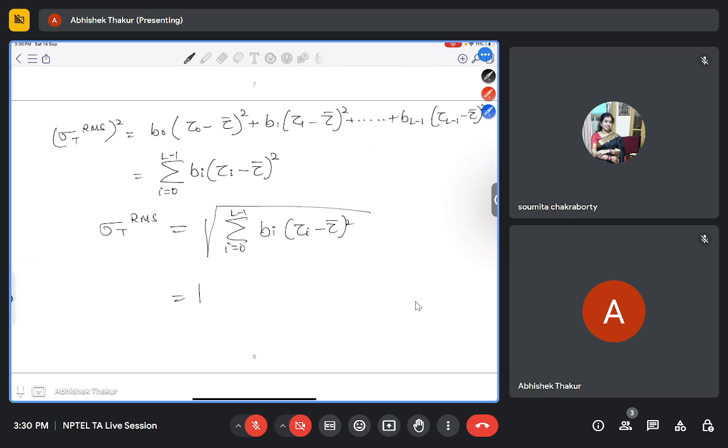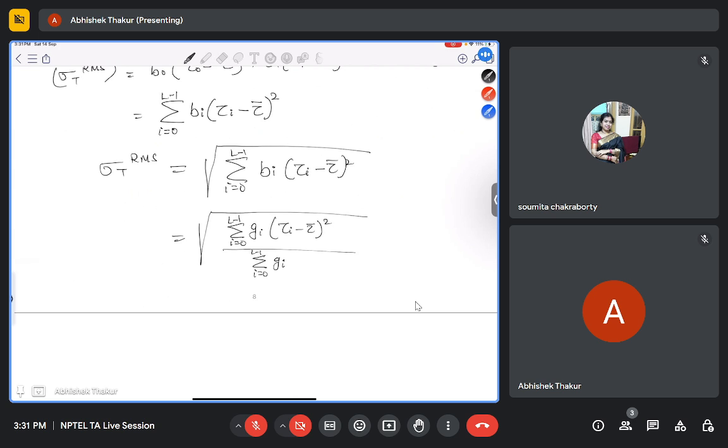Now this bi we can again write as gi, so the summation for i equal to 0 to L minus 1 of gi (tau i minus tau bar) square, divided by the summation of gi, i equal to 0 to L minus 1.